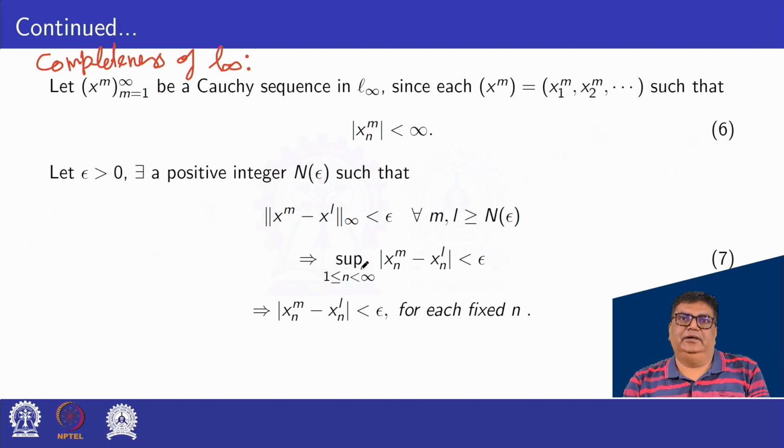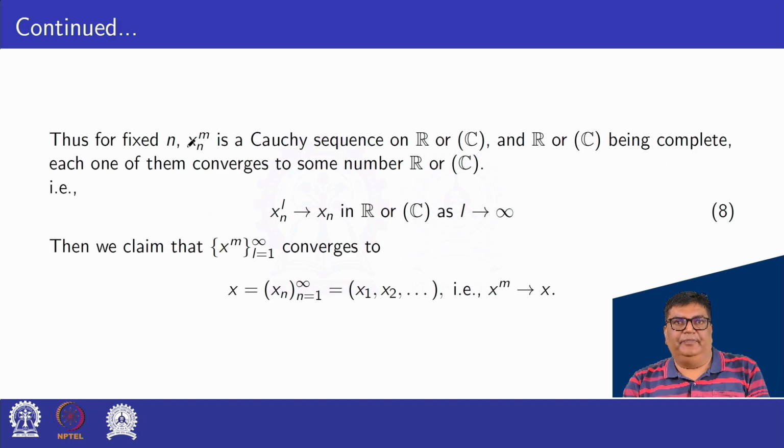This implies, as per the definition of norm in L infinity, the supremum of mod x_mn minus x_ln is less than epsilon. Here the supremum value is less than epsilon, it means mod x_mn minus x_ln is less than epsilon for each fixed n.